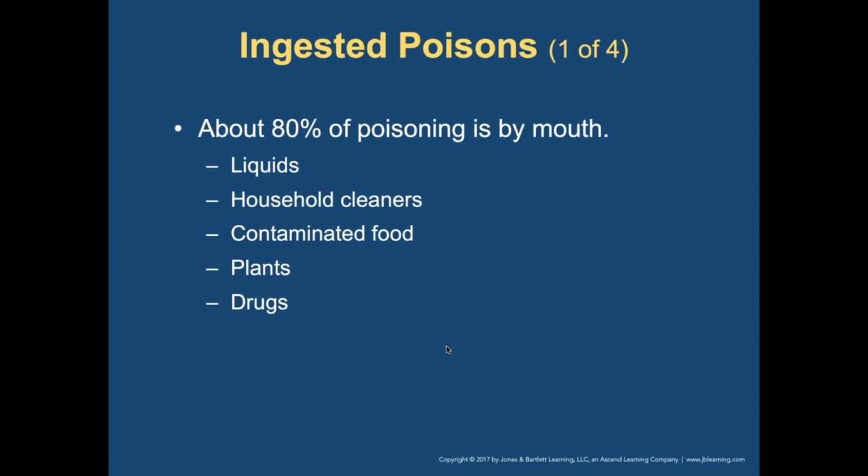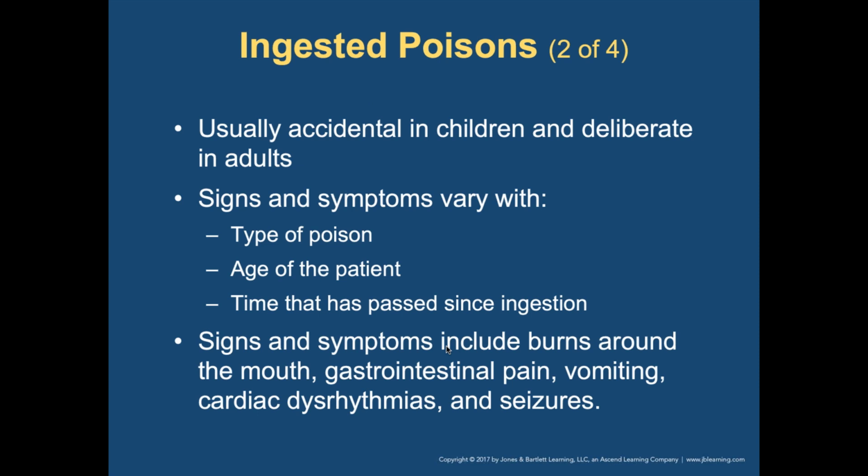Maybe the liquid that you're cleaning with, household cleaners, plants. Somebody put something in your drink. It's the reason why the liquids are there. Drugs, so it's either recreational or pharmaceutical. So usually accidental in children and deliberate in adults. Y'all know why.